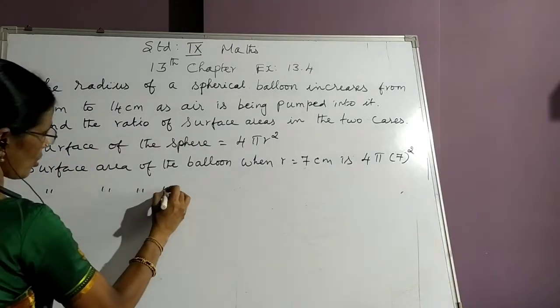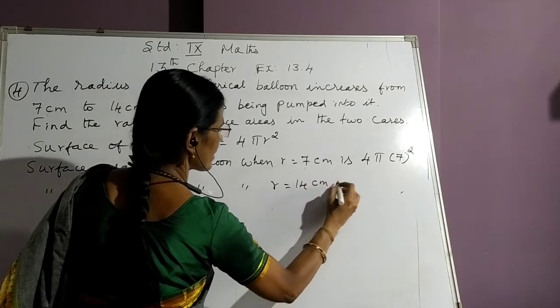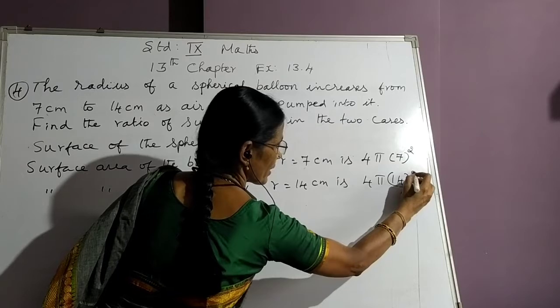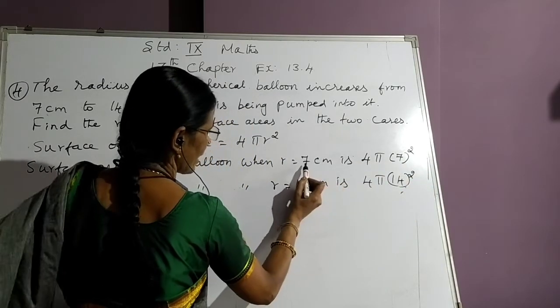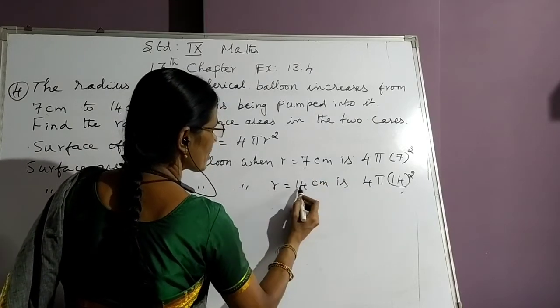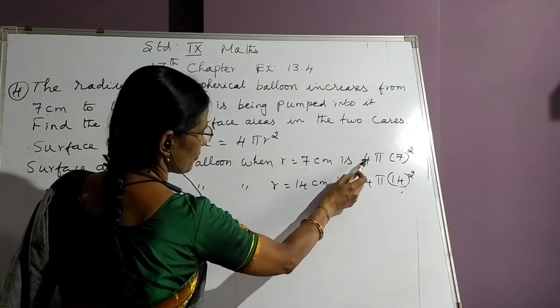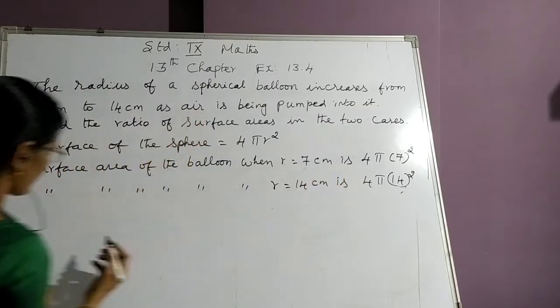Surface area of the balloon when radius is 14 centimeter is 4 pi 14 square. This is one surface area. This is surface area when the radius is 7 centimeter. This is surface area of the balloon when radius is equal to 14 centimeter. We are asked to find out ratio of these two surface area. Therefore, we are going to divide these two.